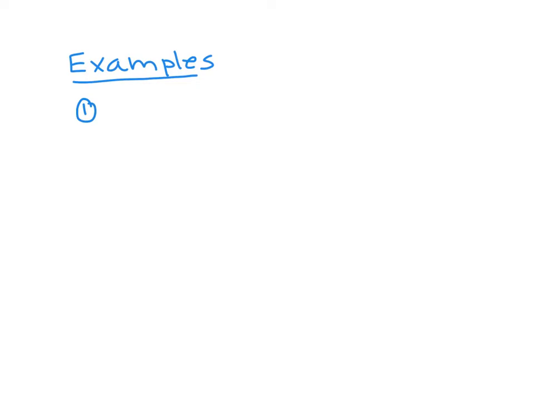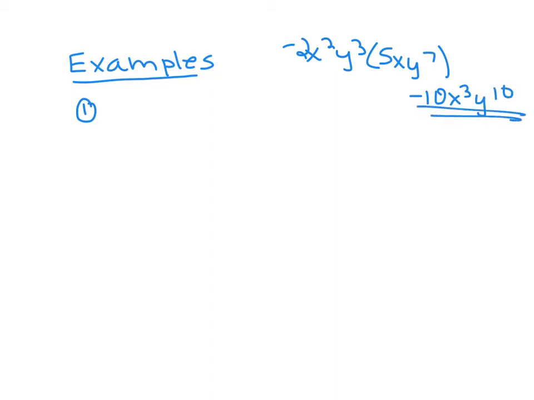So basically, you have already multiplied monomials, like when we spent all this time doing ones like negative 10x to the third y to the 10th, a monomial and a monomial.